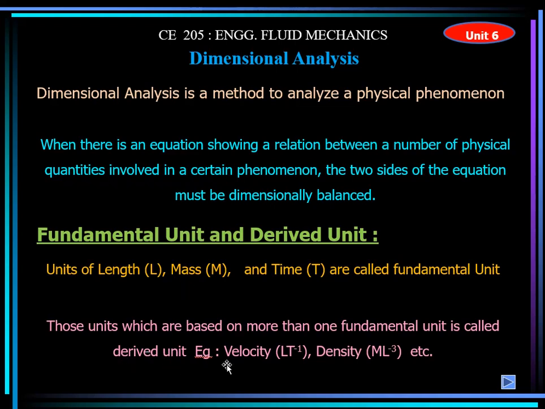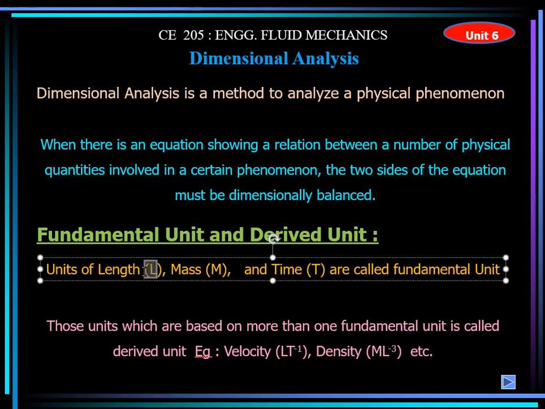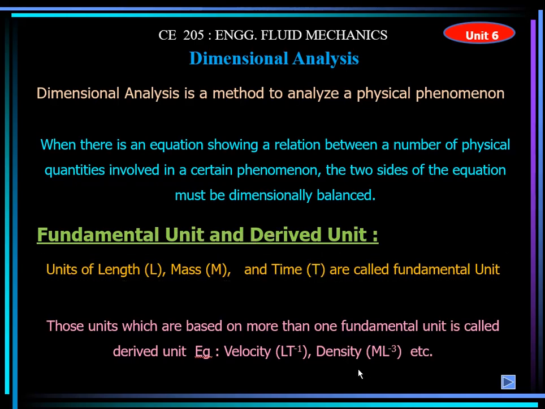For example, if I want to find out the dimension of velocity, or do the analysis on the velocity formula, what I have to do? Velocity, I know, is distance per unit time. So again, distance is here and time is here in this phenomenon. Density is mass per unit volume.